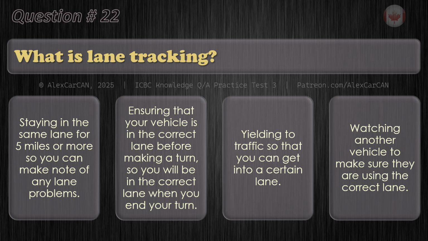Watching another vehicle to make sure they are using the correct lane. The correct answer is ensuring that your vehicle is in the correct lane before making a turn, so you will be in the correct lane when you end your turn.